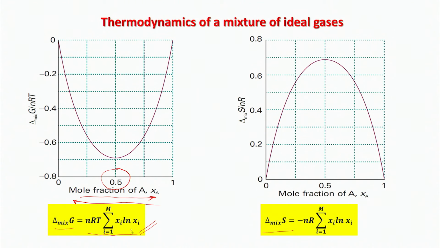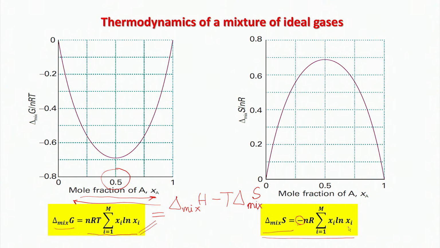And once again, I'll have to take into account a negative sign, because in this case delta G mixing is equal to delta H mixing minus T into delta S mixing. Therefore, now delta S mixing is given by minus NR summation over i Xi ln Xi.